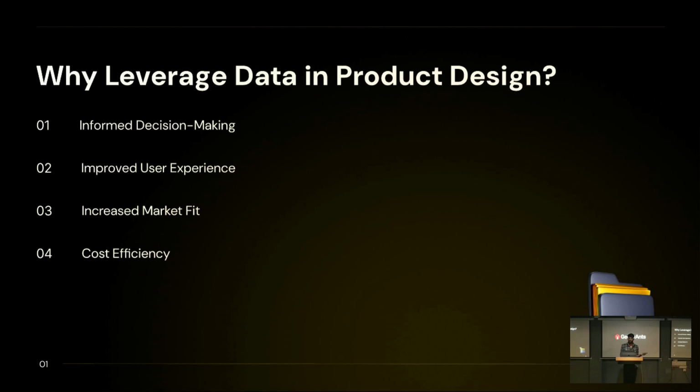So how is it making it cost efficient? Data will help you understand real world problems. This gives you an idea of important features that need to come in, and it will help you reduce your guesswork and focus more on features which are very important.